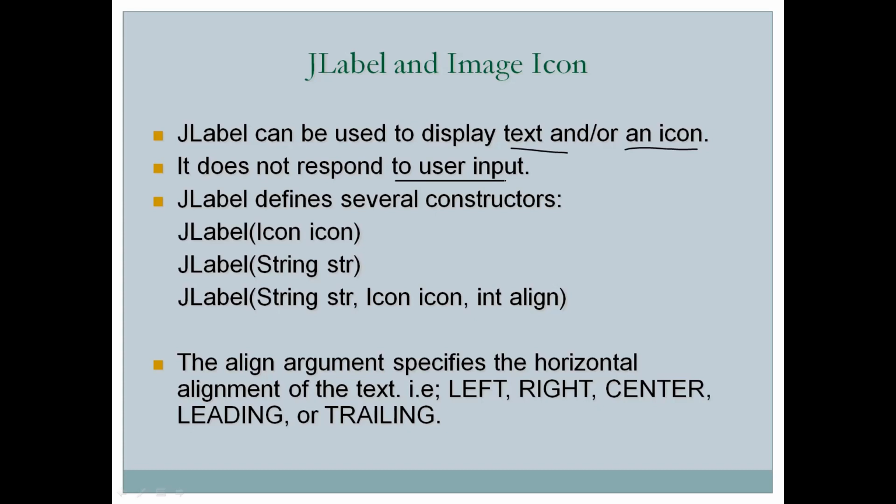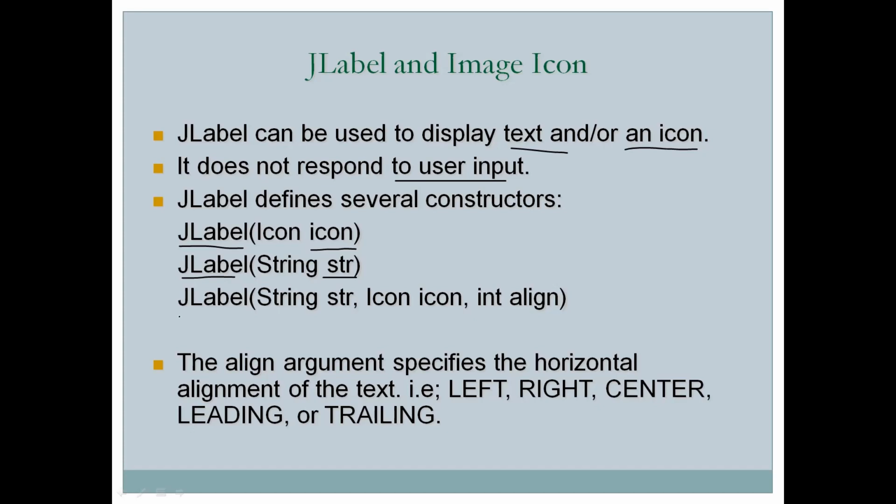JLabel defines several constructors. We have different constructors by which we can create a JLabel. Some of the constructors are given here. We have one constructor, JLabel, that takes an icon as an argument, so you can create a JLabel to display an icon. Or you have a constructor which has a string as an argument. We have used this constructor in our example program to display a string on the JLabel.